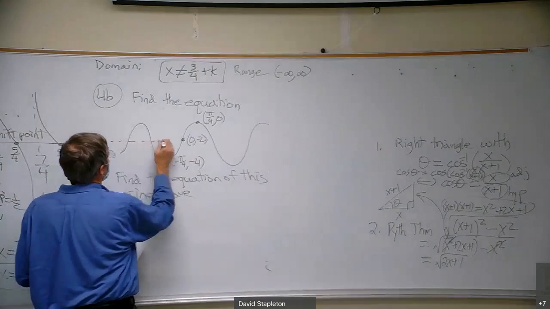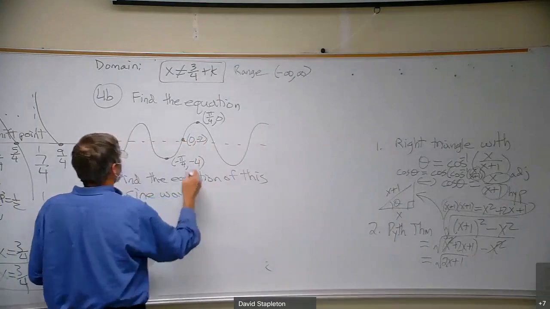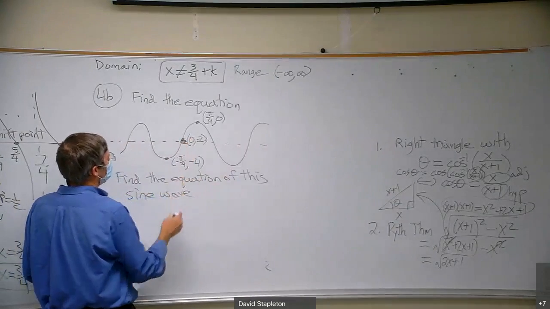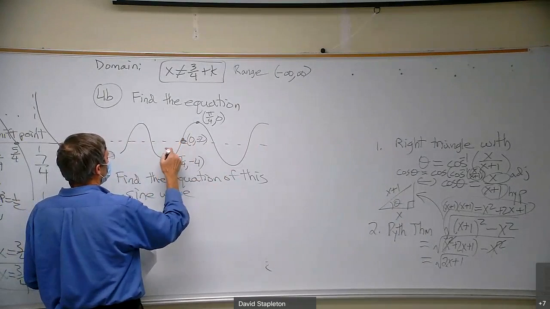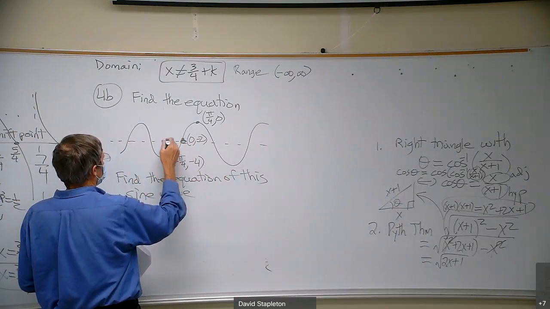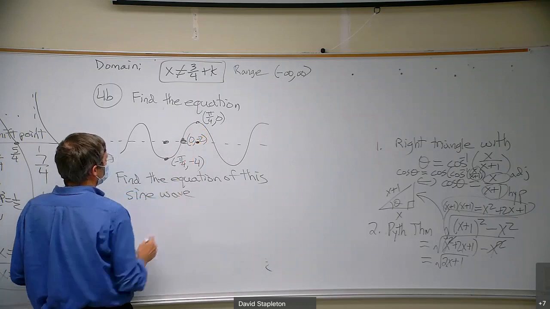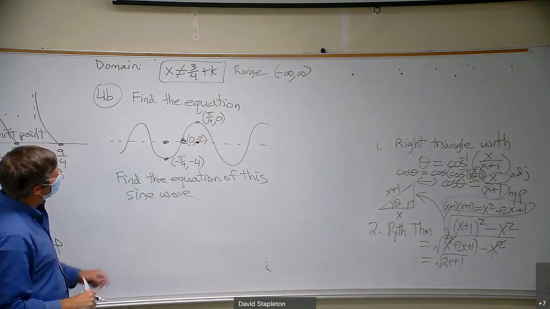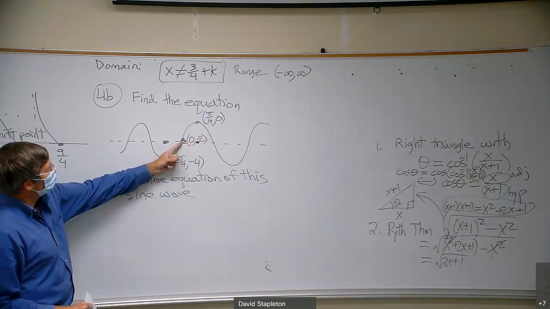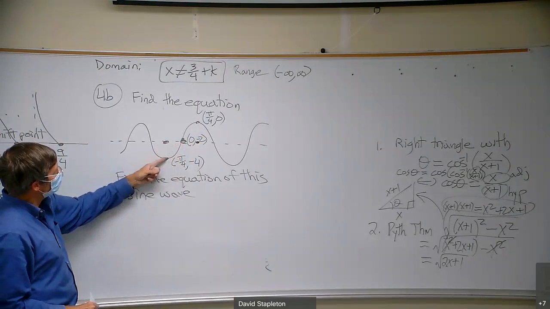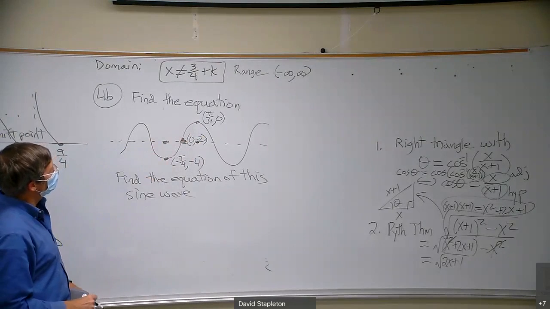So if you look at it, the midline is going right through here. I can pick this as the shift point, or I can pick this corresponding to this minimum, a shift point here, or I can pick corresponding to this maximum, the shift point here. But the shift point has to be on the midline, either where the graph crosses the midline or where it has a maximum or a minimum, a point on the midline.